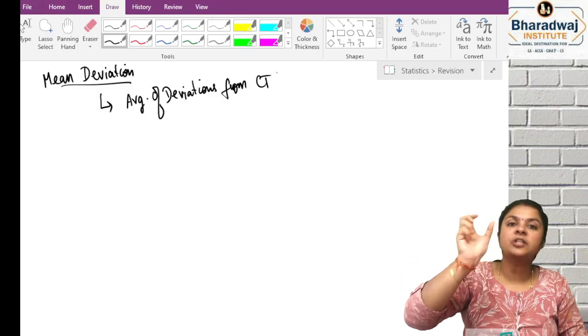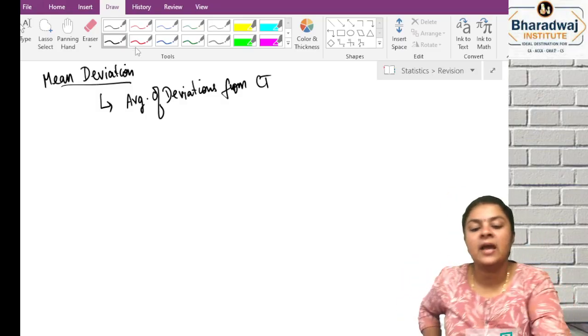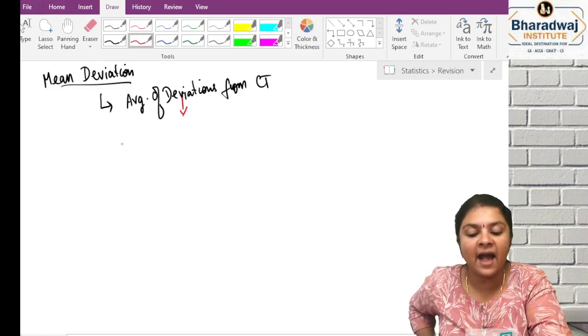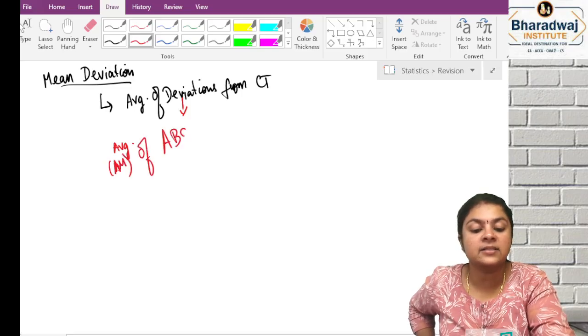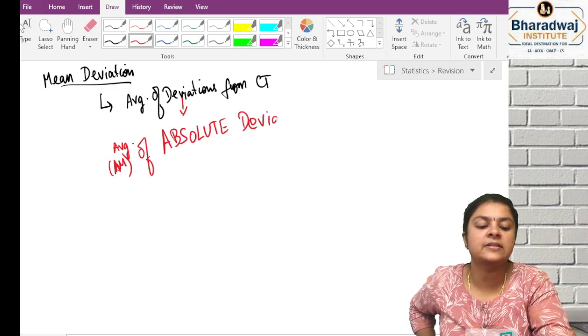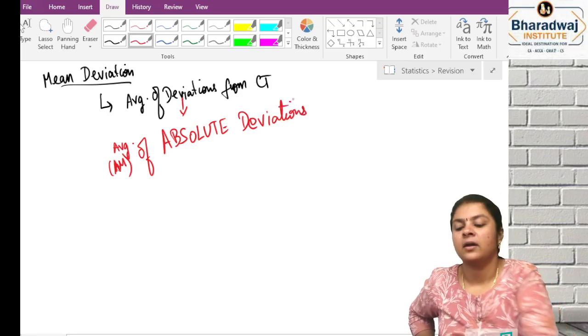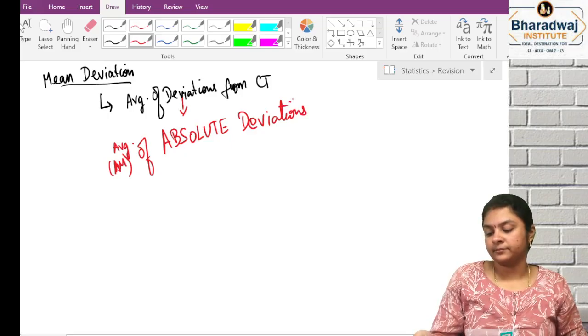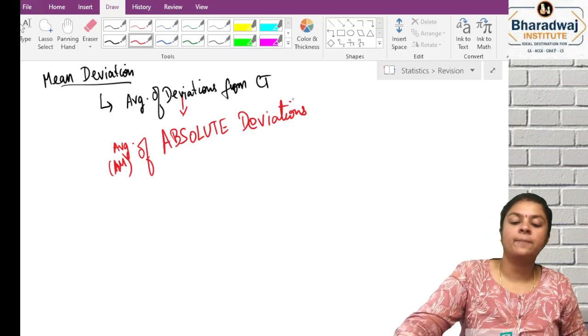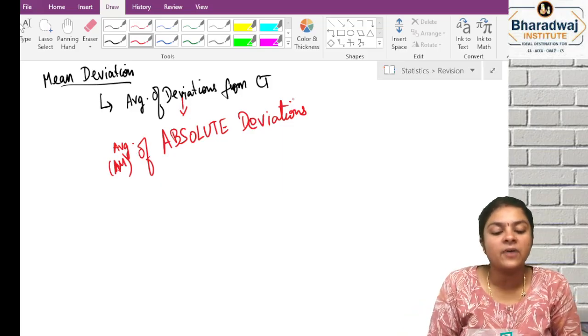So I cannot just use any deviation. I am going to use the average, or in other words, the arithmetic mean of, this is a very important term, absolute deviations. Average or arithmetic mean of absolute deviations.